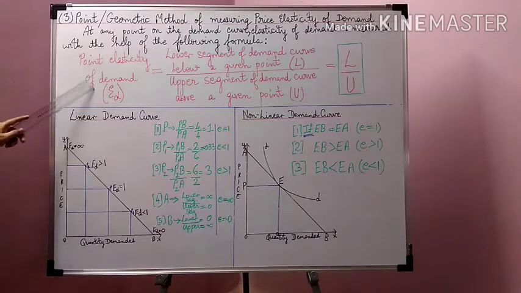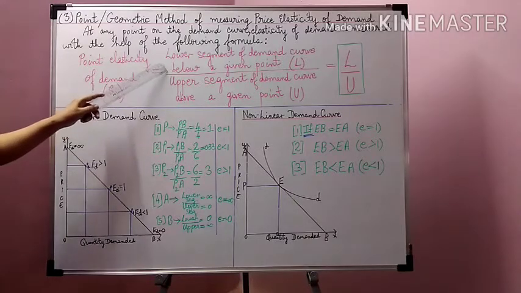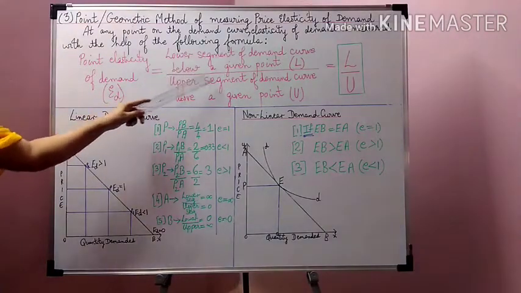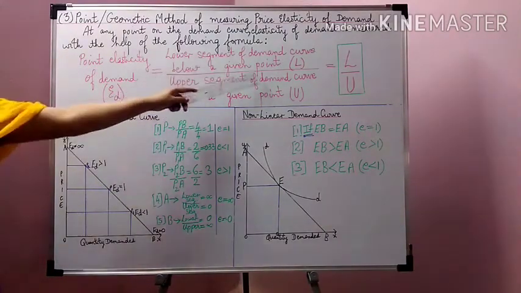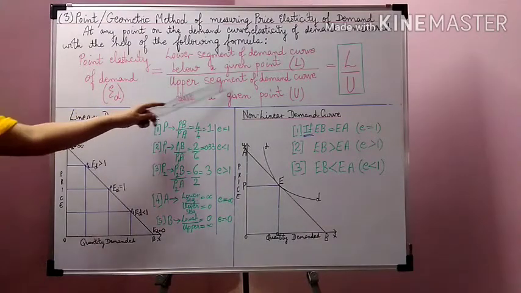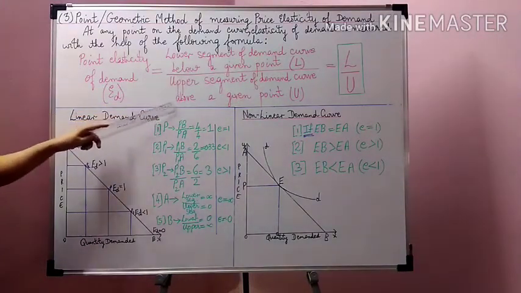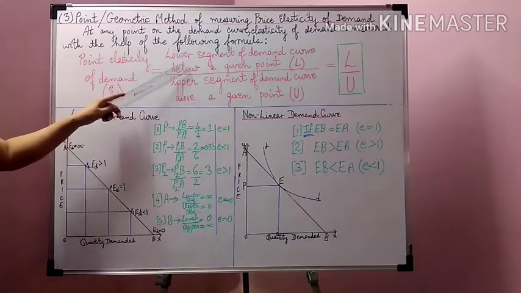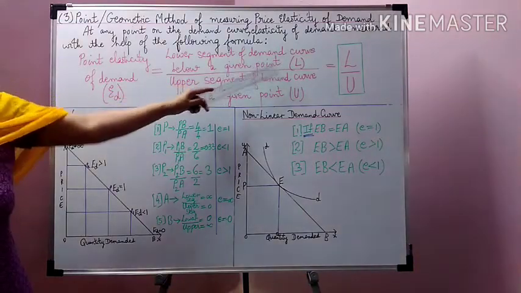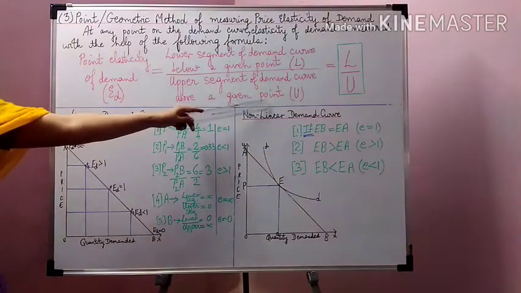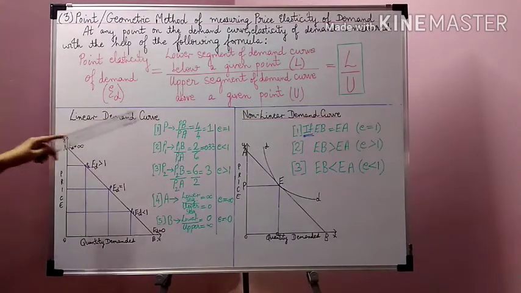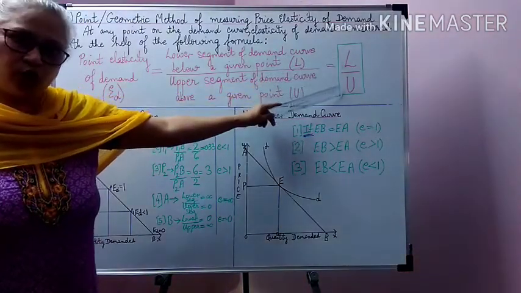Point elasticity of demand ED equals lower segment of demand curve below a given point upon upper segment of demand curve above a given point. Lower segment is denoted by capital L, upper segment is denoted by capital U. Therefore, ED is equal to L upon U.